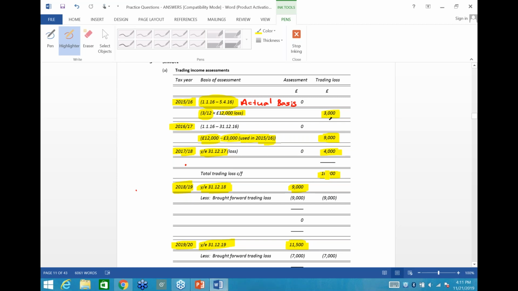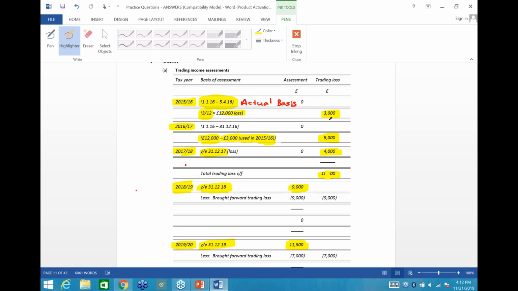The question says, calculate the trading income assessment for the tax years 15-16 to 19-20, assuming all losses are carried forward. So the question warns you to consider only the carry forward relief.